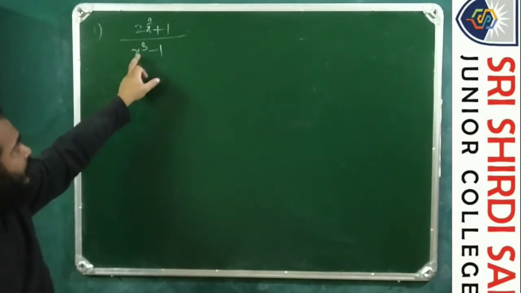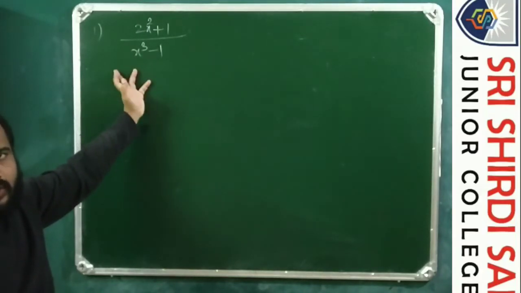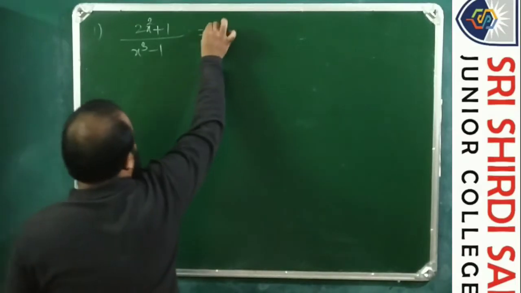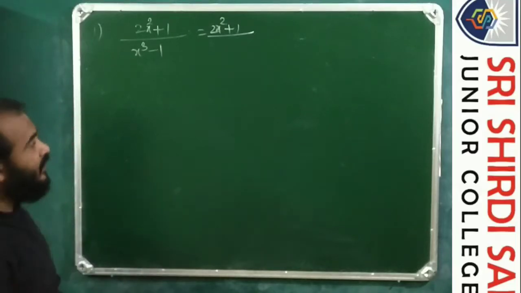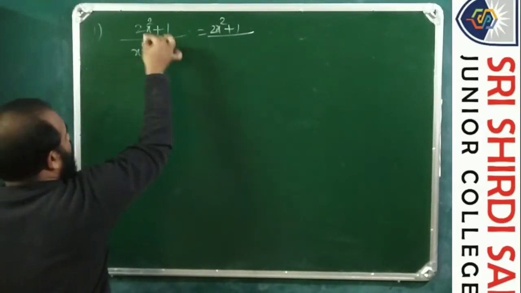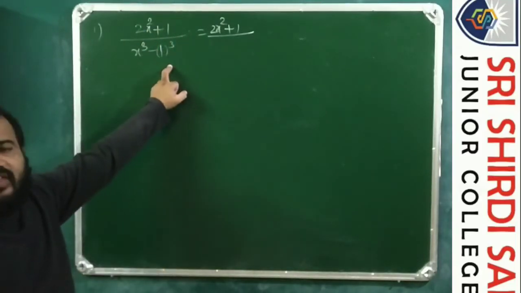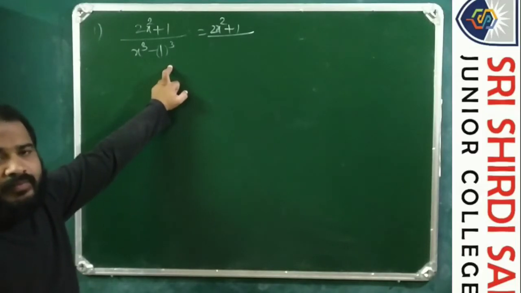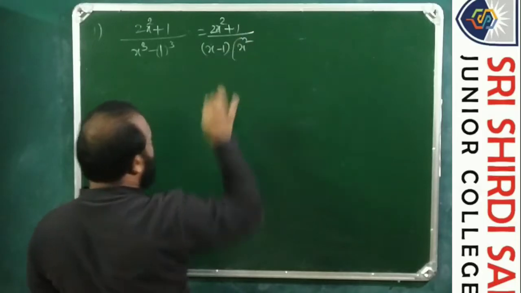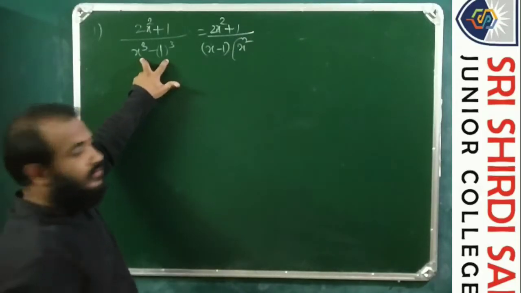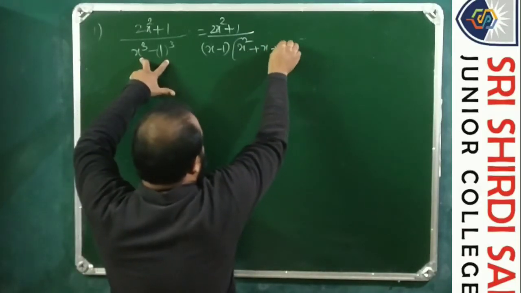Can it be decomposed or not? So x cube minus 1 can be written as x cube minus 1 cube. So a cube minus b cube is (a minus b) into (a square plus ab plus b square). So x minus 1 into x square plus x into 1 plus 1.